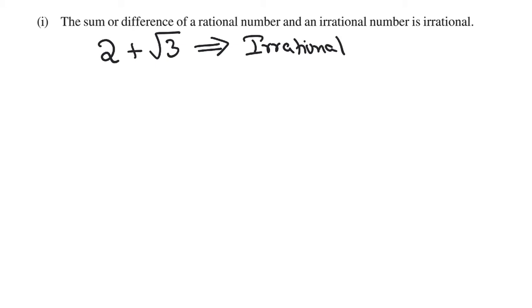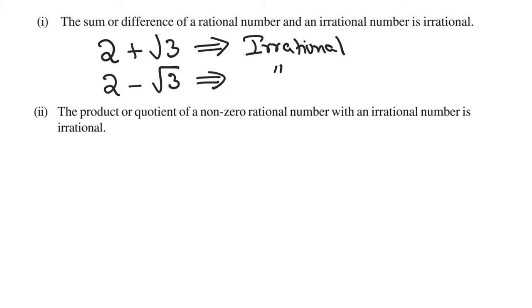Similarly, the difference of a rational number and an irrational number is going to be irrational. So get the point? The sum or difference of a rational number and an irrational number is always irrational.